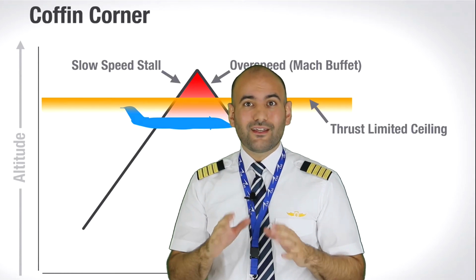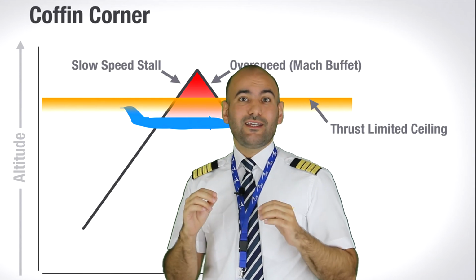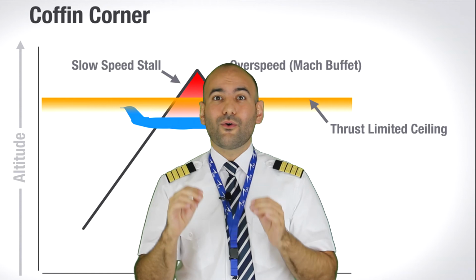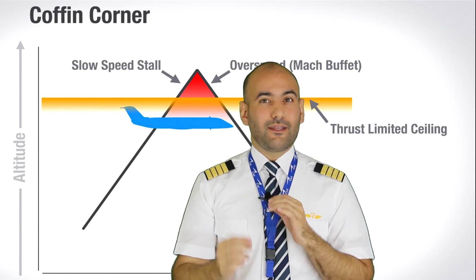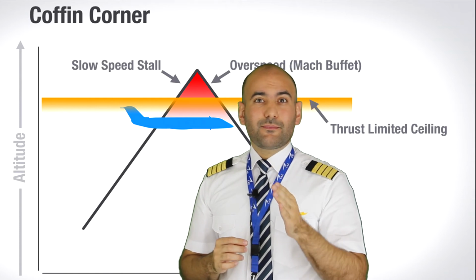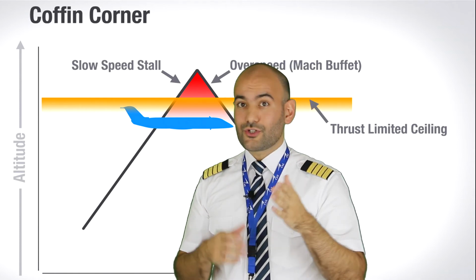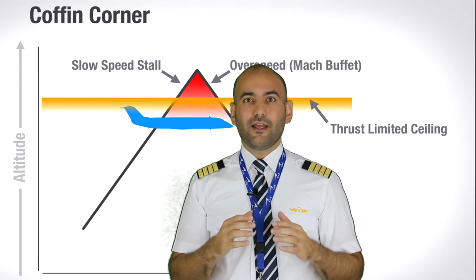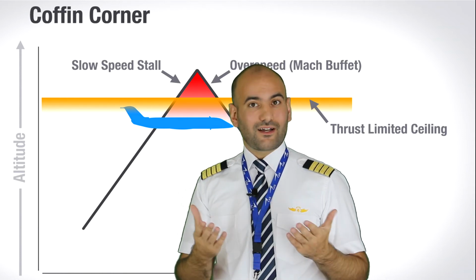At this point, any change in speed would result in exceeding one or the other of the limits. If we increase the speed, high speed stall or shock stall will occur, and if we reduce the speed, slow speed stall will occur.